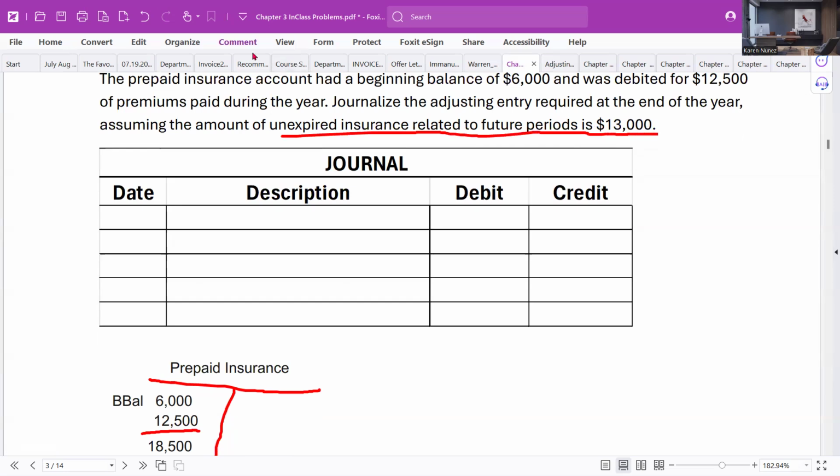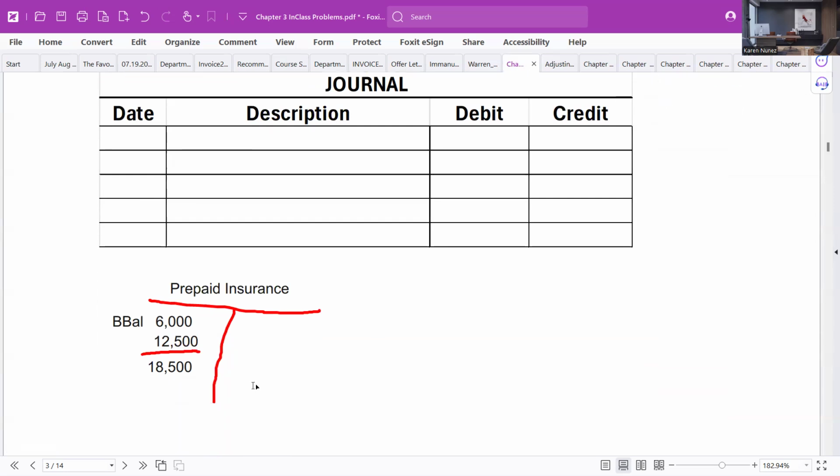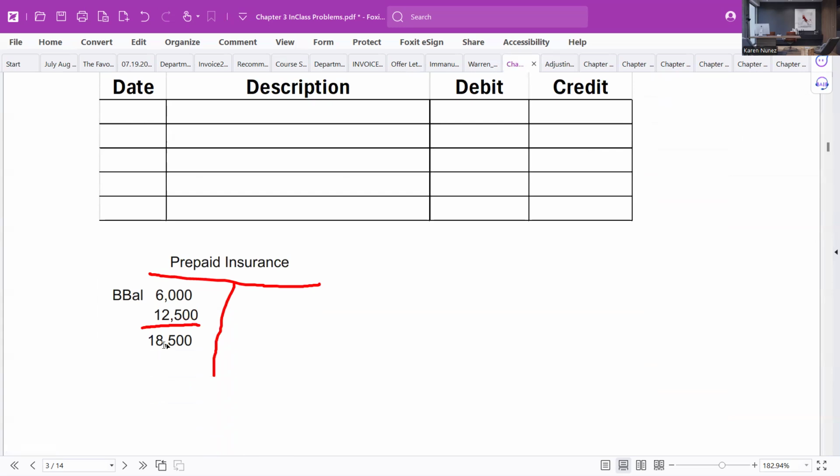What does that mean? Well, what that means is the prepaid insurance account should only have $13,000 in it because that's the amount that's unexpired. This account has 18,500 in it, but what it should have, and I'll call this the ending balance, is a balance of $13,000. So it's got 18,500, but it should have 13,000.